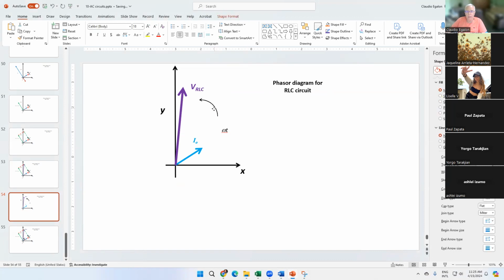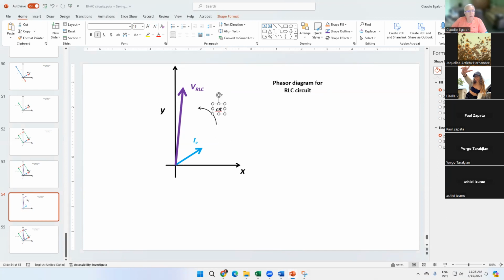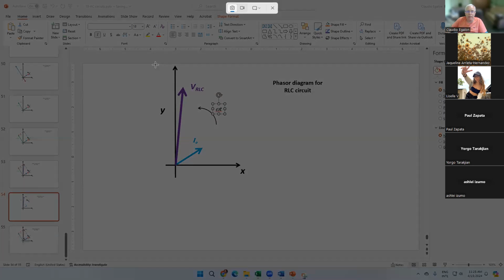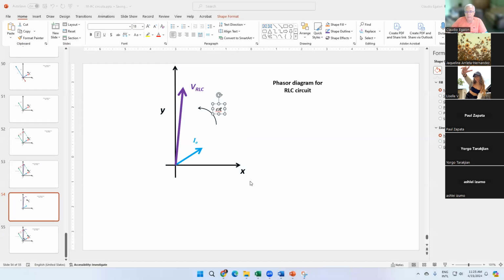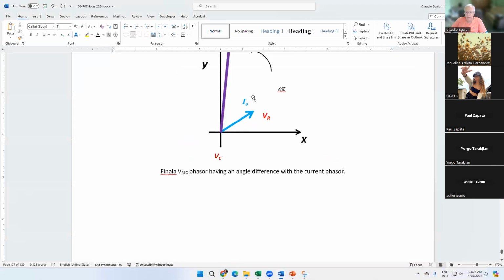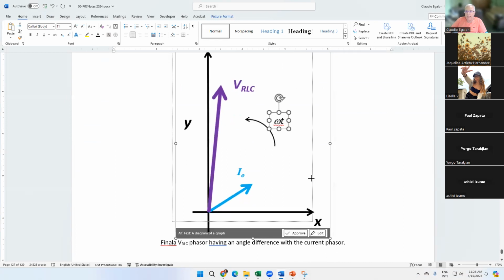Okay. I'm going to put it closer. Let's get this one here, the right one. And now we have a phase difference here between this final voltage and the current phasor.